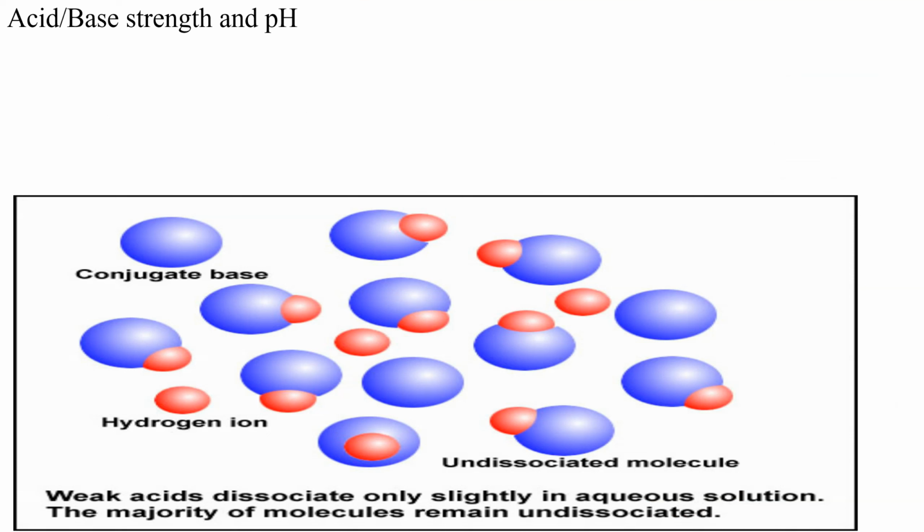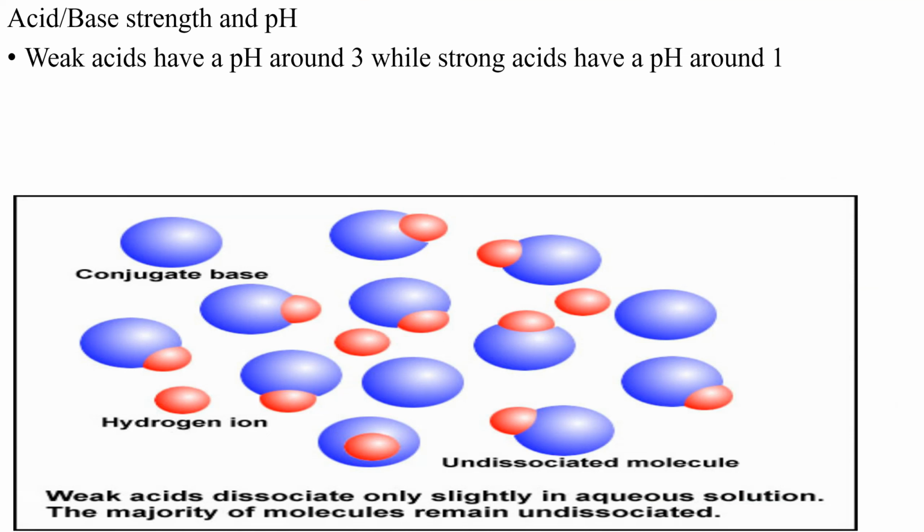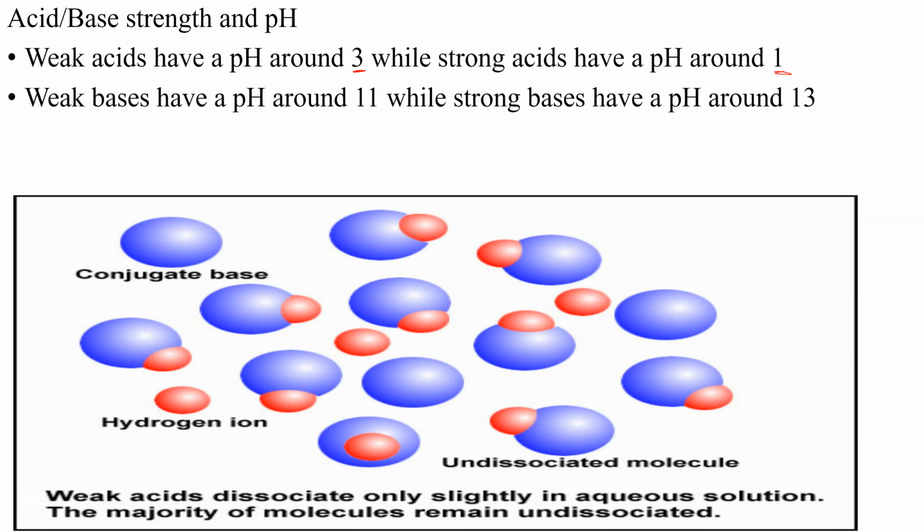All right, acid-base strength and pH. Weak acids have a pH around 3, while strong acids have a pH around 1. So there's your cutoff, 3 and 1. If you're around 3 or above, you're considered a weak acid. If you are around 1, like 1.5, maybe even close to 2, you're considered a strong acid.